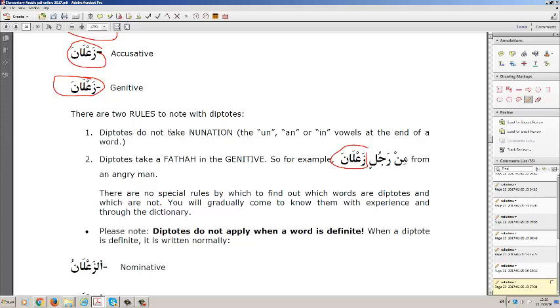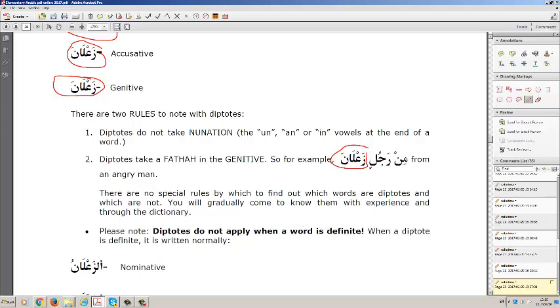Because it's in the genitive form, and so as we saw, a diptote in the genitive form has to remain with the accusative, with the fatha sound, za'alana. And of course, it just takes a single sound, za'alana, not za'alanan.